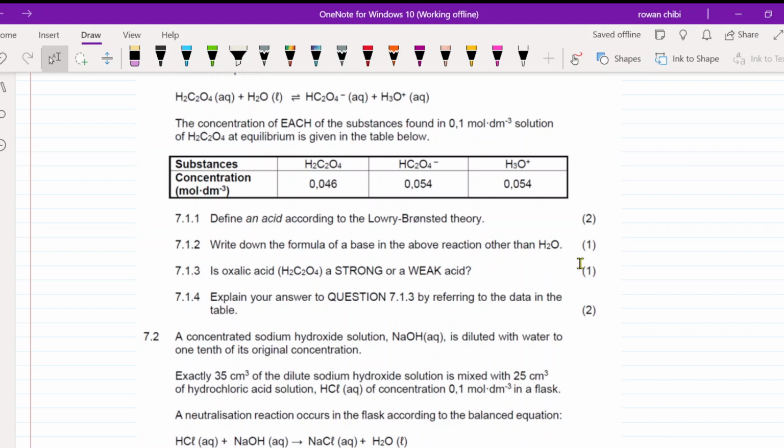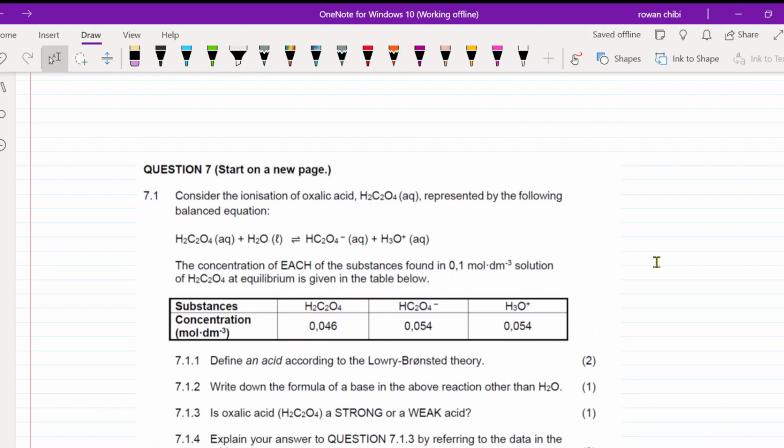Write down the formula of a base other than H2O. So if you look at this reaction, on the left, H2C2O4 is an acid because it donates a proton to H2O. So it's an acid. Then this is the conjugate base, which is HC2O4 minus.